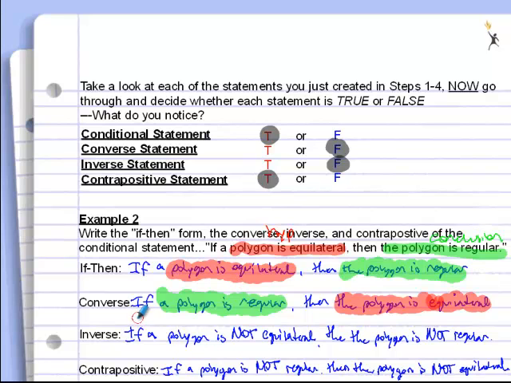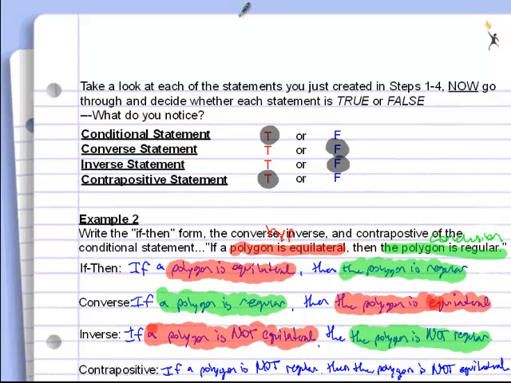Now, the inverse is the if-then negated. So I'm going to write the same thing, where it goes hypothesis, then conclusion, just like in my if-then or in my conditional statement. But I'm going to write not. I'm going to make it a not statement or a negative statement.